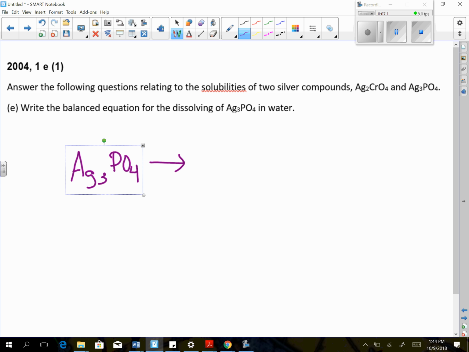Yeah, it breaks into the ions. It dissociates into Ag+ and what's the other one? PO4 3-. So we have phosphate and we have silver. Are we good? Last step, we do have to balance these. It says the balanced equation. And so if we put a 3 right there, we are balanced, and that was worth a point.